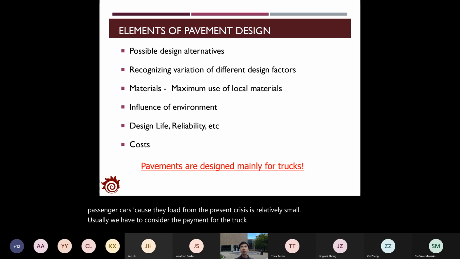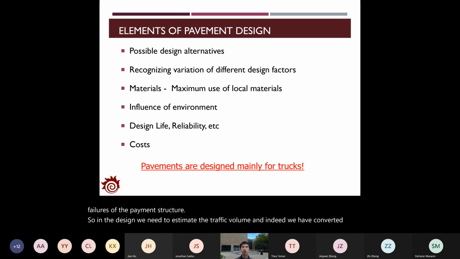The tire pressure of the trucks is much higher than the passenger cars, and they will be the most important factor for us to observe the distress or the failures of the pavement structure. So in the design, we need to estimate the traffic volume, and indeed we have to convert everything to truck volumes.